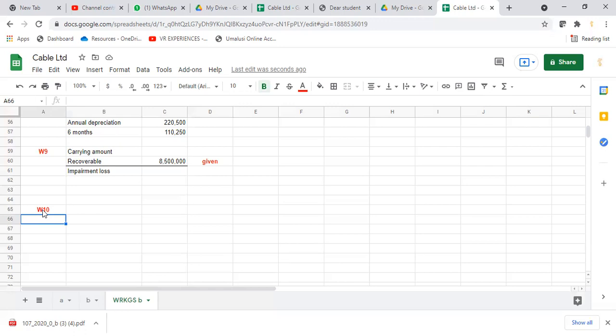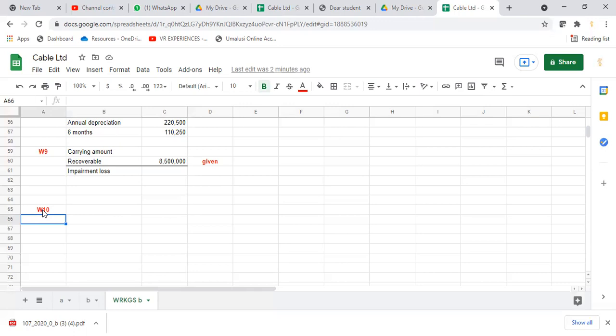There was an indication of impairment for the plant. So the first thing we ask ourselves is, can I impair the plant as a standalone asset? And the answer is no, because the HDWC plant as a standalone asset cannot generate cash inflows independently. They told us that the plant forms part of the smallest group of assets that can generate cash inflows independently, and they gave us a list of assets.